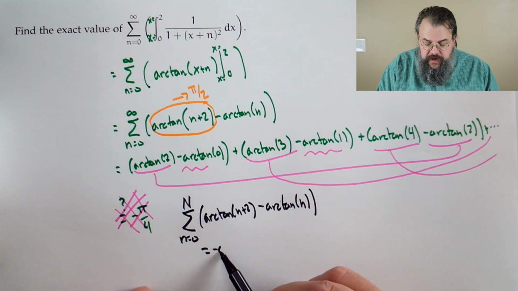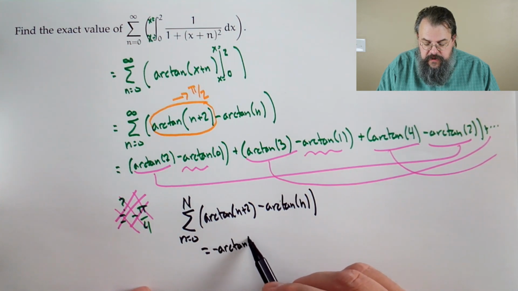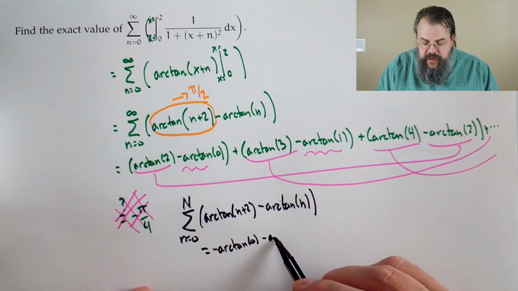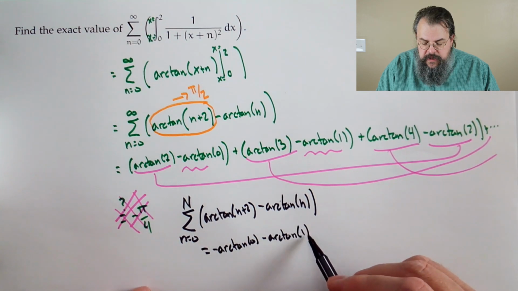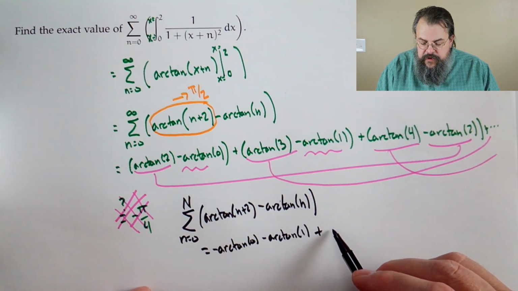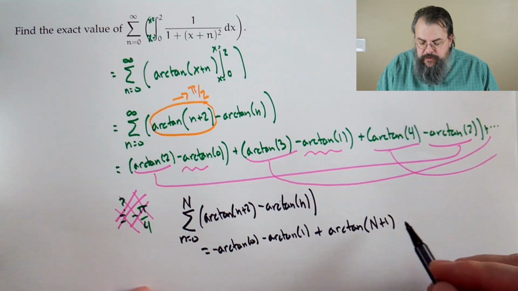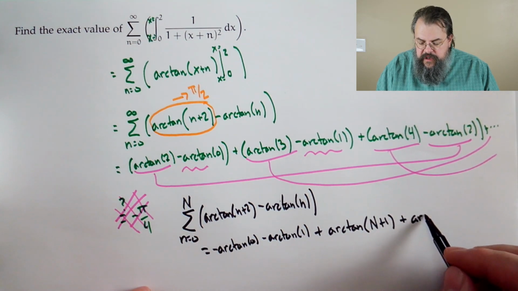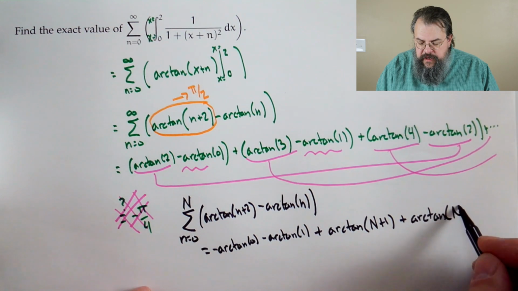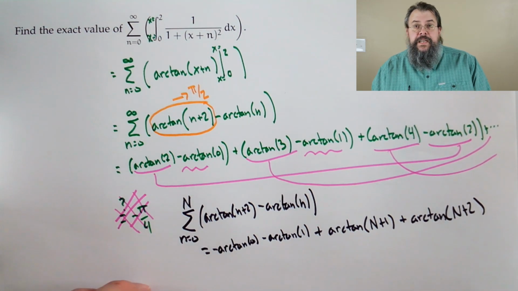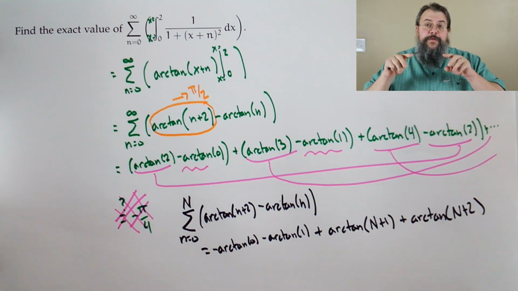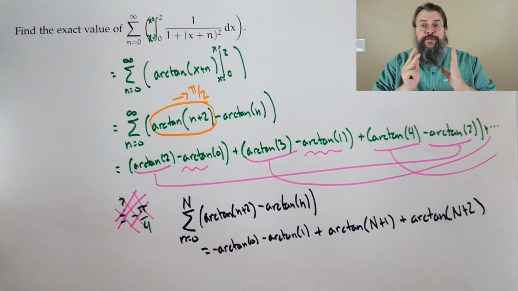So that's minus arctangent of 0 and minus arctangent of 1. And then plus the 2 terms at the end that don't cancel: arctangent of capital N plus 1 and plus arctangent of capital N plus 2. So those are the pieces that are left after we collapse our sum.